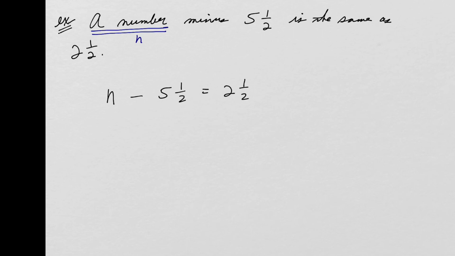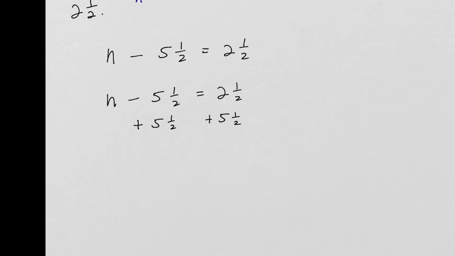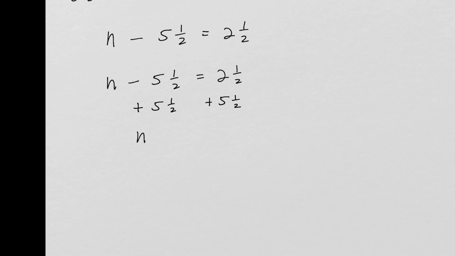So that's my equation. How do I solve it? Well, I want to get n by itself on the left-hand side. 5.5 is subtracted from n, so to undo that, I'm going to add 5.5. But whatever I do to one side, I have to do to the other side. So this gives me n, which is what I want on the left-hand side. It's isolated. And the right-hand side, 1/2 plus 1/2 is 1, right?